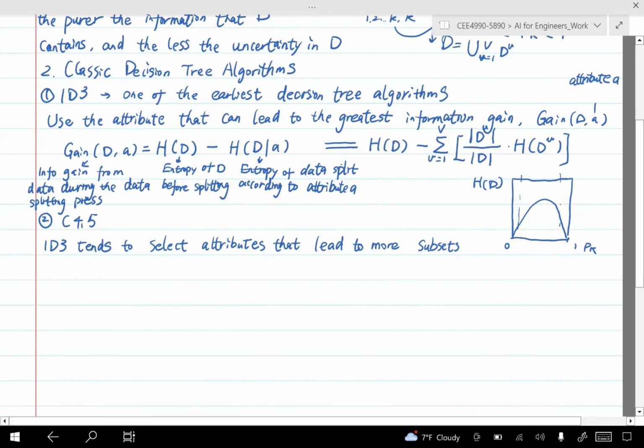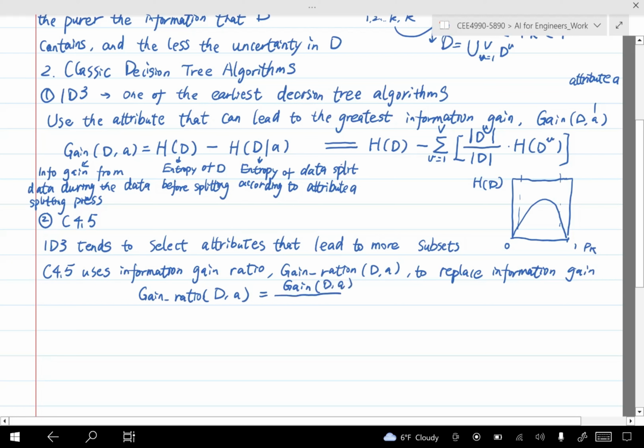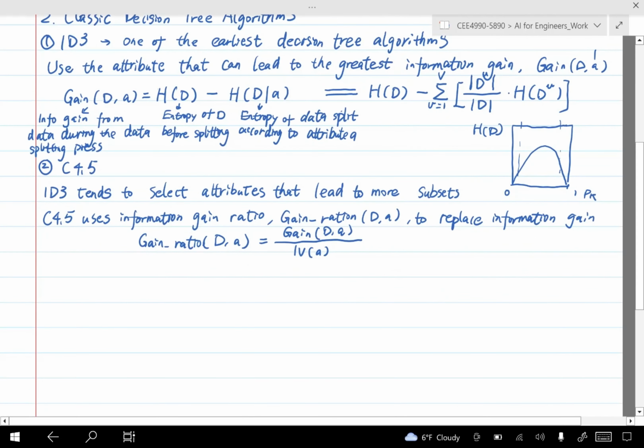To solve this issue, C4.5 uses a modified version of it called the information gain ratio. So it's not information gain anymore. This parameter is written as Gain_ratio(D, A) to replace information gain. The information gain ratio is defined as the information gain divided by a new parameter. For this new parameter, we also propose an equation.